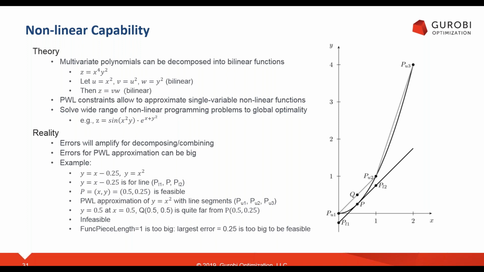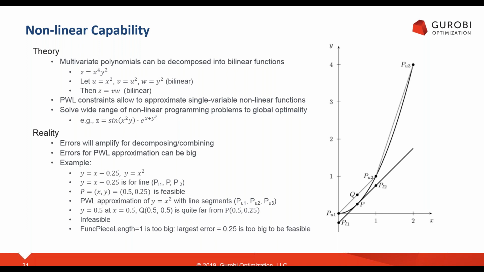So having these 2 components, so support for bilinear functions and support for piecewise linear constraints, you are actually able to model very complex nonlinear constraints, at least in theory. So take this as an example here. You have your constraint z is equal to x to the power of 4 times y to the power of 2. Then you would just need to introduce auxiliary variables.